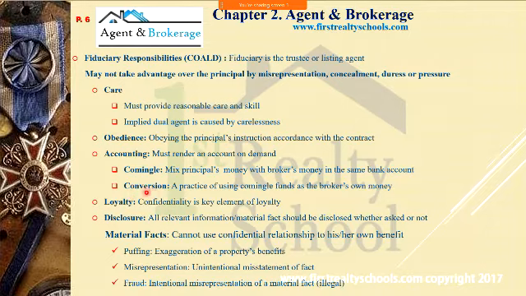Okay, conversion is another very important term in the accounting fiduciary duties. Conversion, simply, I'll give you one example.